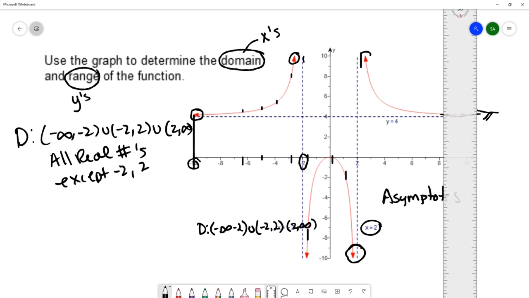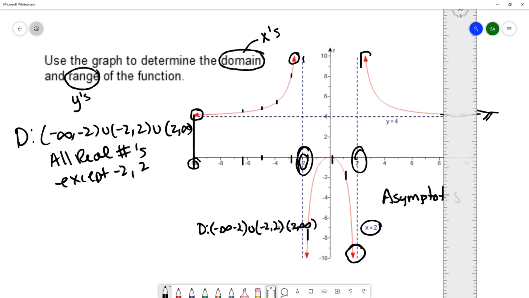So where we see those vertical dashed lines at -2 and 2, these are the only values that don't exist on the graph, that don't exist on that line.